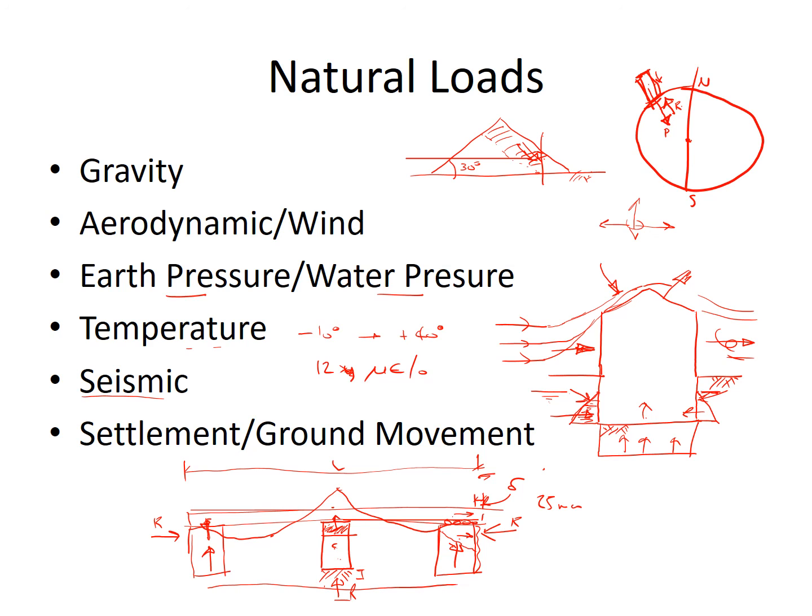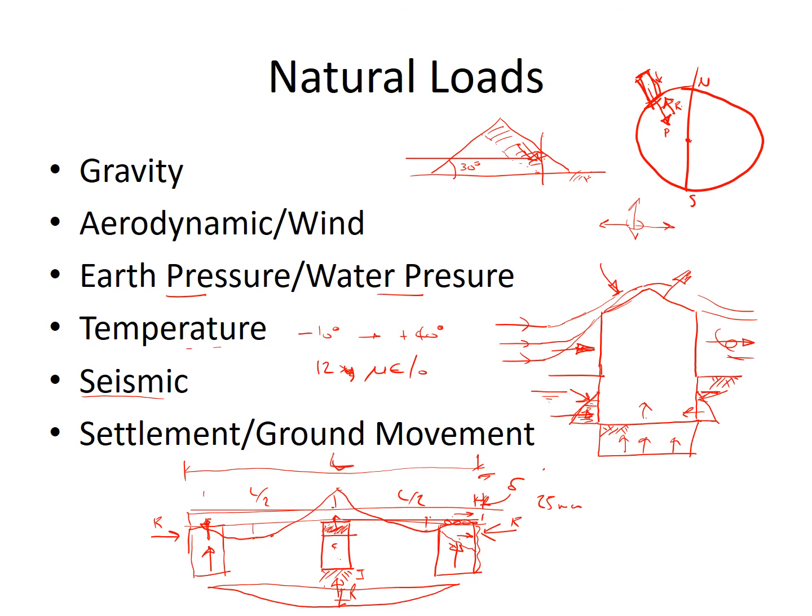Instead of having a hogging moment mid-span and relatively low sagging moments in these spans here, we can push this towards a simply supported structure where we've got a sagging moment instead of a hogging moment at this point, and this sagging moment is very much increased, because we've effectively gone from a continuous span of L, such that the span between the supports is L over 2 and L over 2.